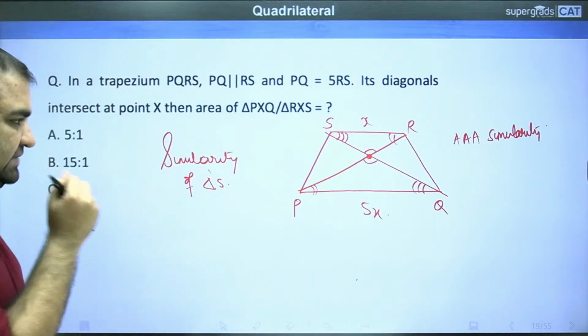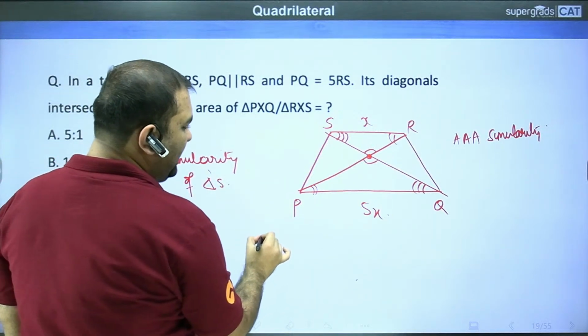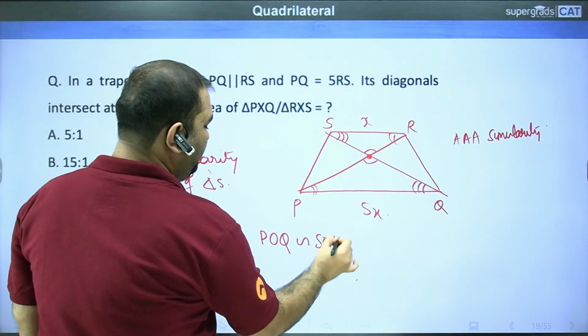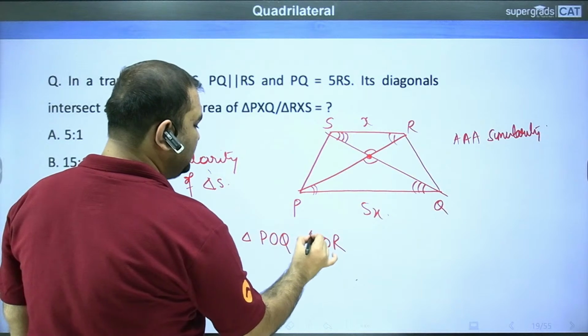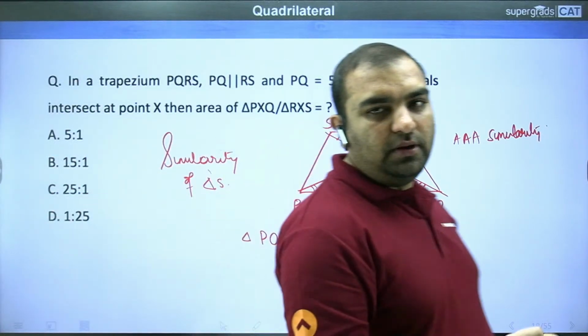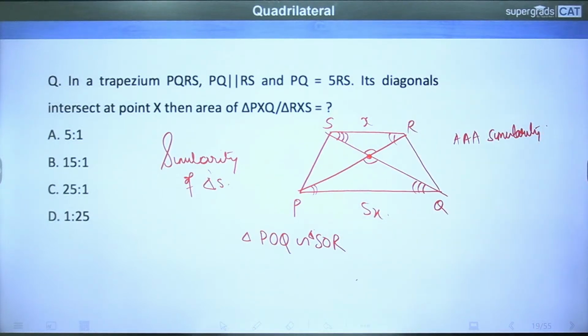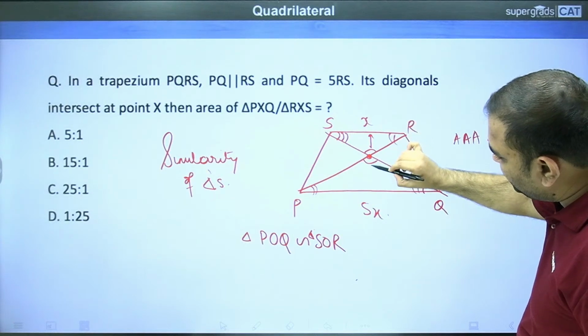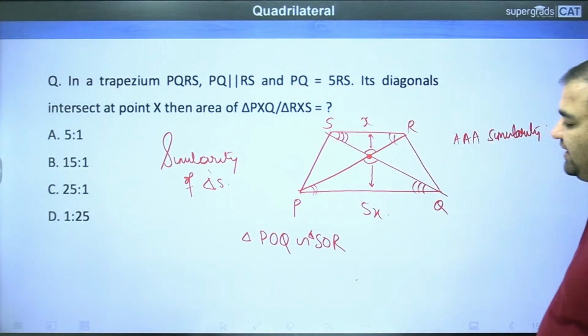AAA similarity is applicable. So with the similarity, we can say triangle POQ is similar to triangle SOR. The side in front of one angle is x, and in the bigger triangle the side in front of the corresponding angle is 5x.